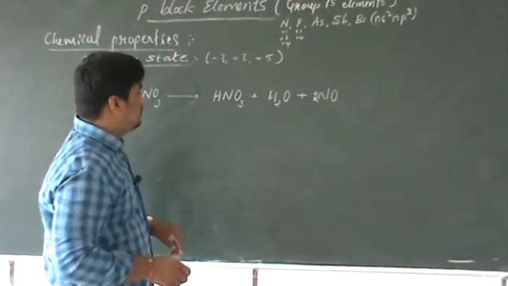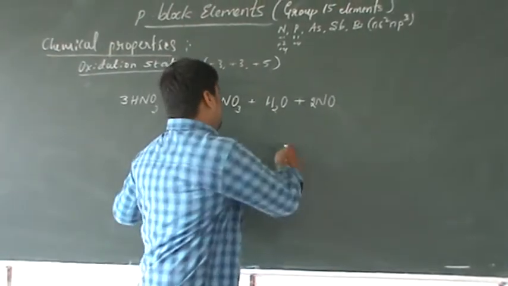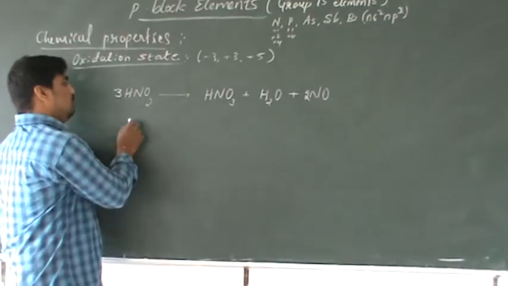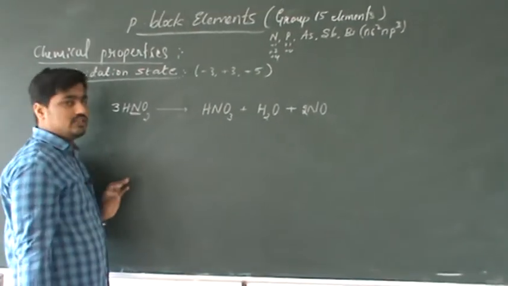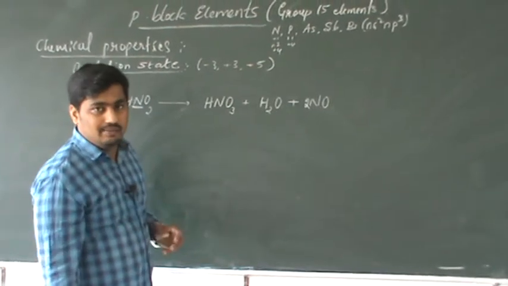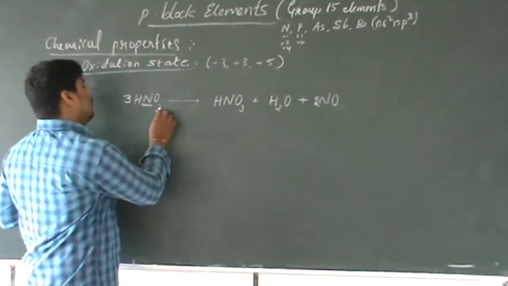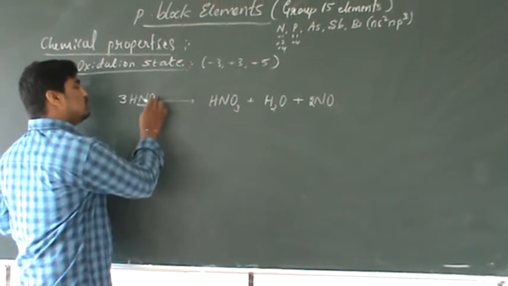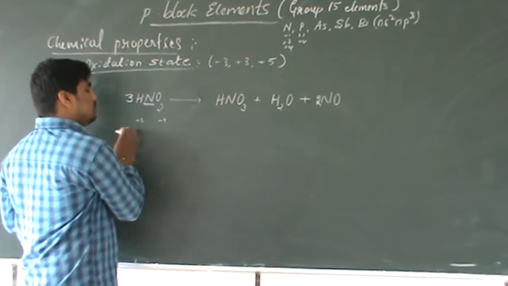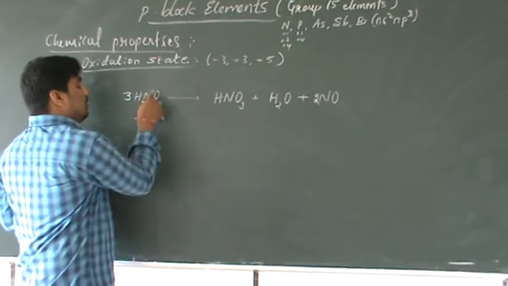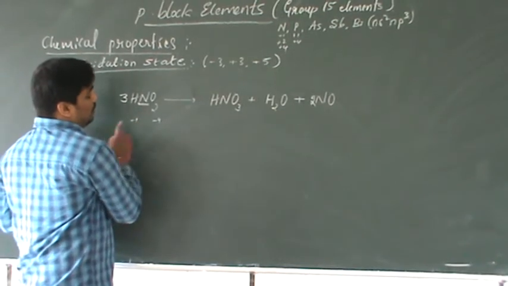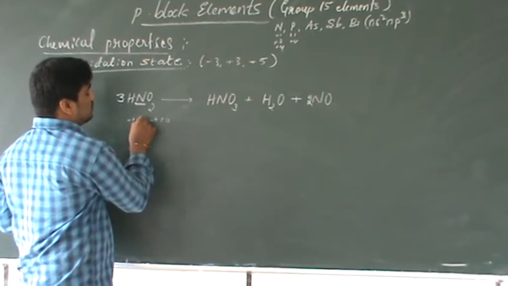What happens in this reaction? In the initial case, the oxidation state of nitrogen: how to identify the oxidation state? By knowing the oxidation state of the other elements present in the molecule. 2 into 2 minus 2, minus 4, and plus 1, so minus 4 plus 1 is equal to 0 plus x.